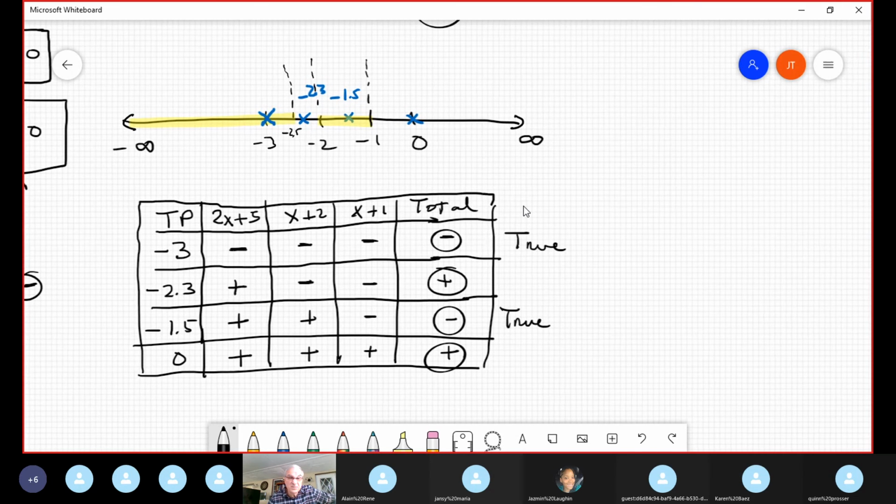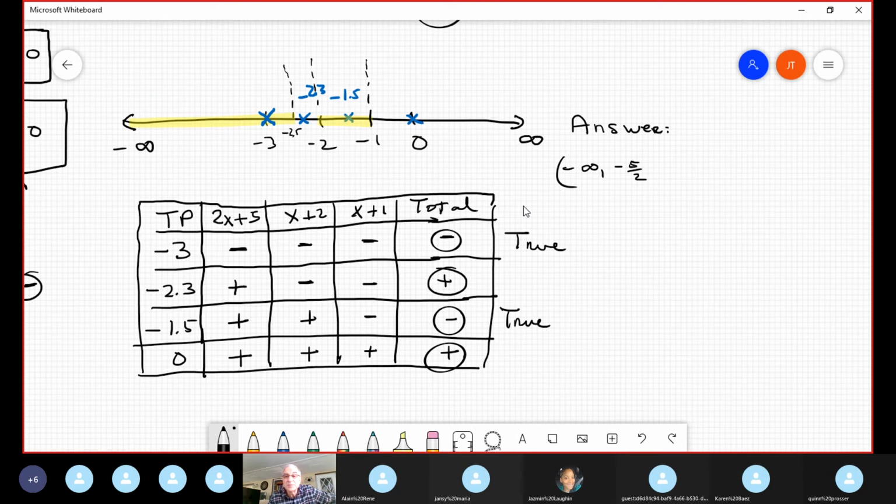from negative infinity. Final answer is from negative infinity, comma 2.5. And doesn't matter if you put in decimal fraction 5/2. And the issue is include or do not include this endpoint.